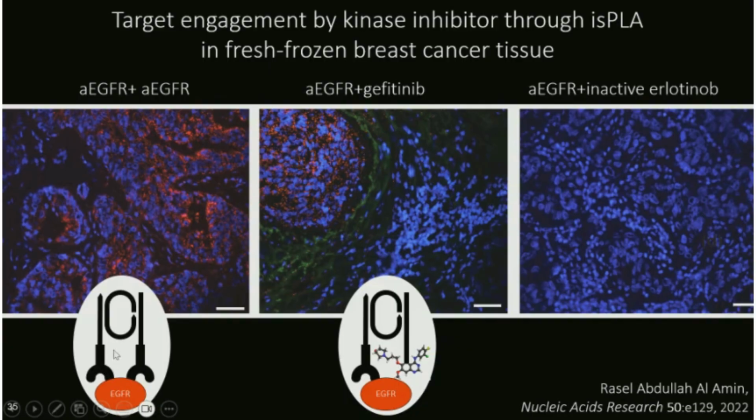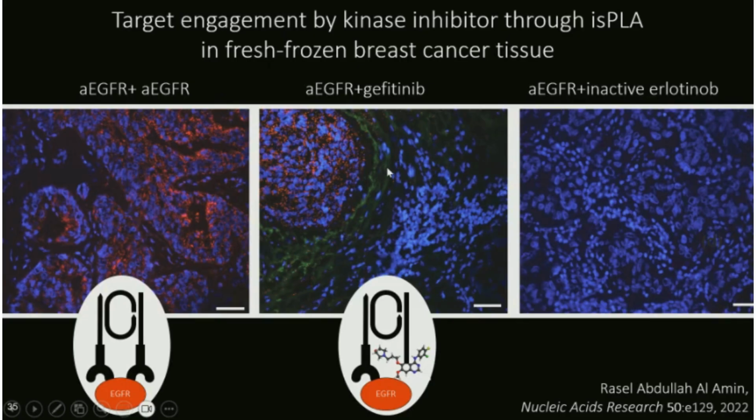Here are 2 antibodies against the EGF receptor, giving rise to a circle that gives you this red staining in breast cancer tissue. But here we replaced one of the antibodies with a low molecular weight drug, a kinase inhibitor. You just put an oligo on the kinase inhibitor. And if they bind together, the antibody against the EGF receptor and the inhibitor, then we get the same red signal.